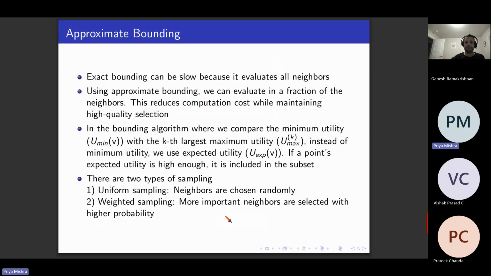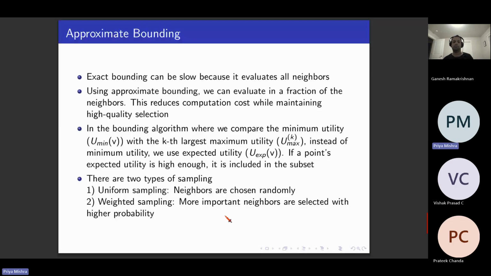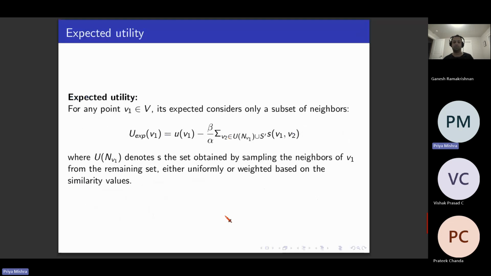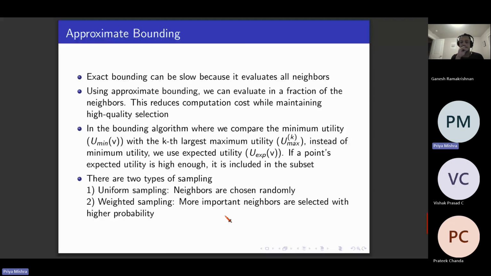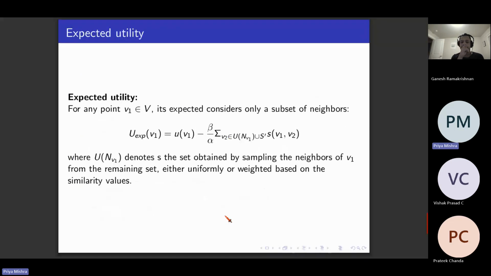So we take a subset of the neighborhood to calculate what we name the expected utility. This neighborhood can be selected in two ways: uniform sampling, in which the neighbors are chosen randomly, and weighted sampling, in which the more important neighbors are selected with a higher probability.